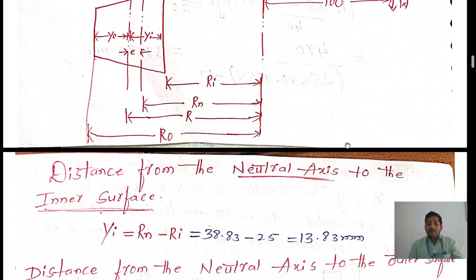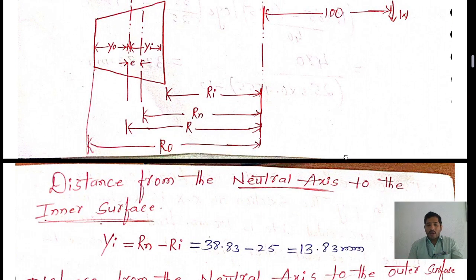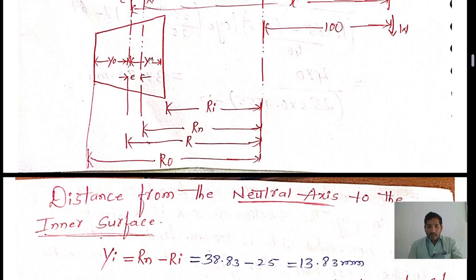After that, we want to find the distance from the neutral axis to the inner surface. For that, we use the formula yi is equal to Rn minus Ri. Looking here, we are measuring the distance from here to here, so this is the radius of the neutral axis minus the inner radius, Rn minus Ri.